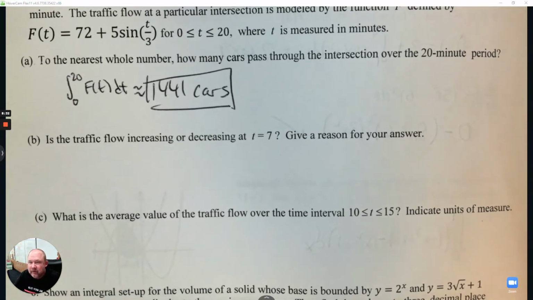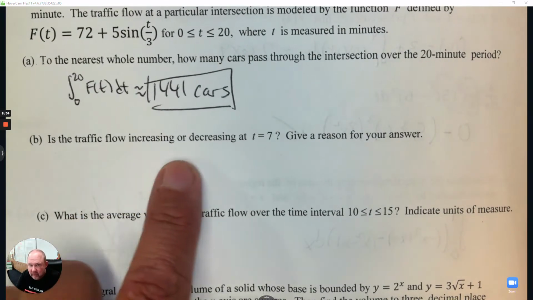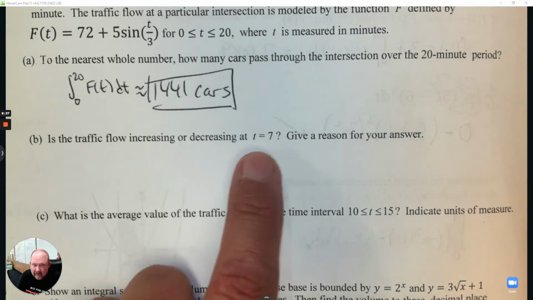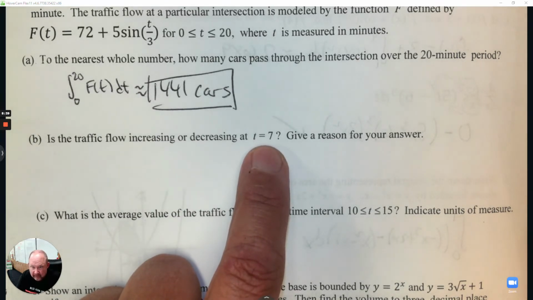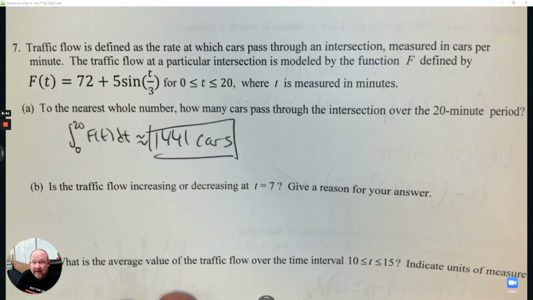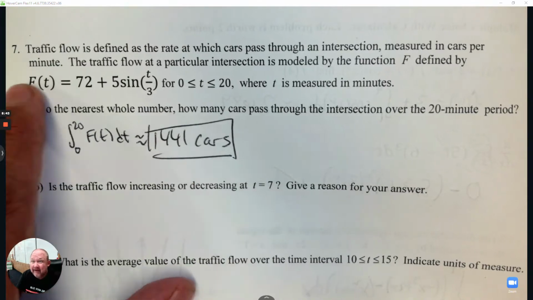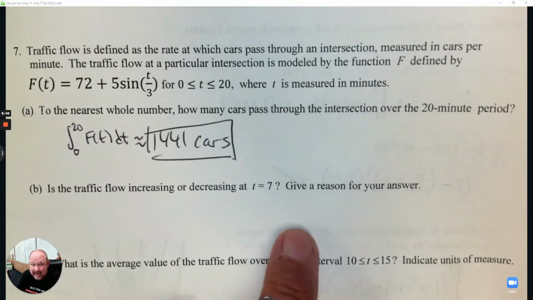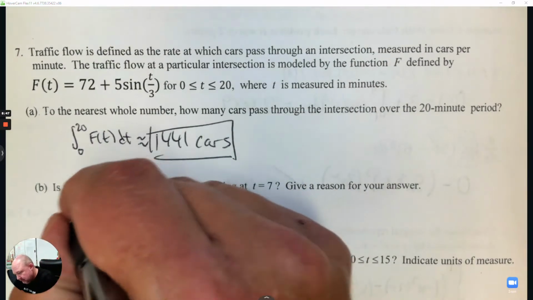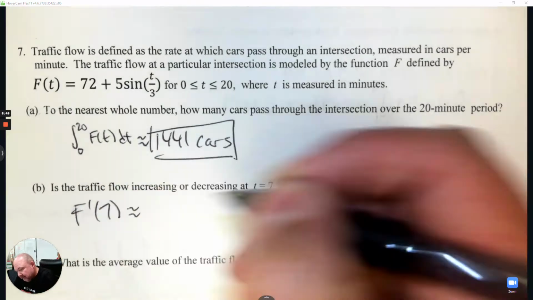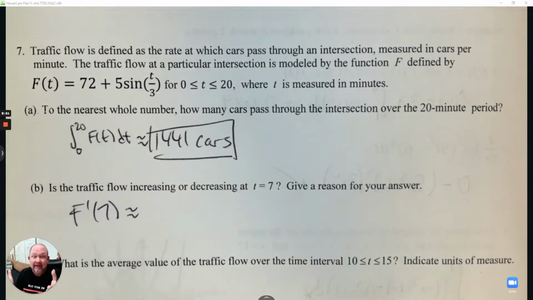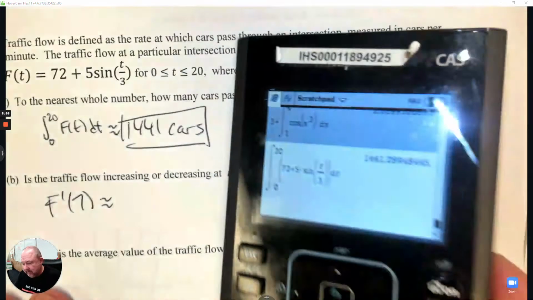All right, is the traffic flow increasing or decreasing at 7? And give a reason for your answer. So is that rate increasing or decreasing at 7? I've got to take the derivative at 7. And if the answer is positive, it's increasing. If the answer is negative, it's decreasing. All right, so how do I do that?